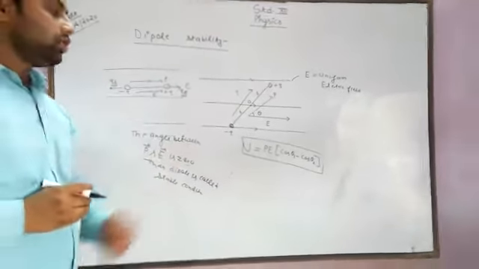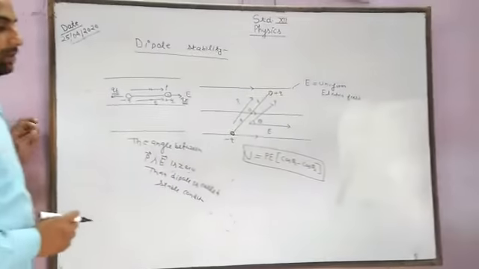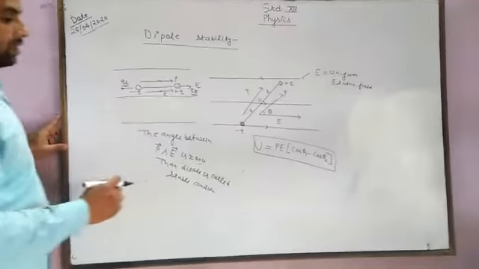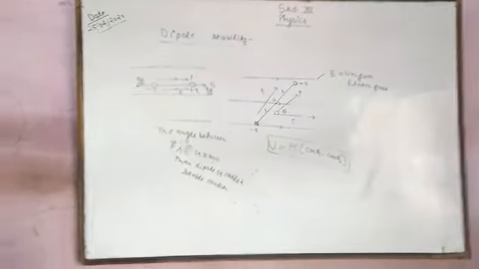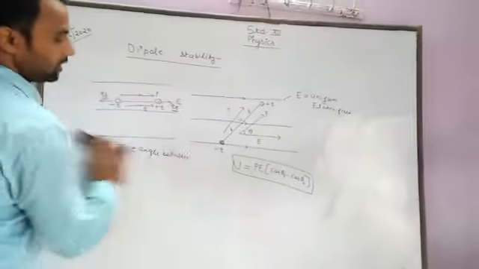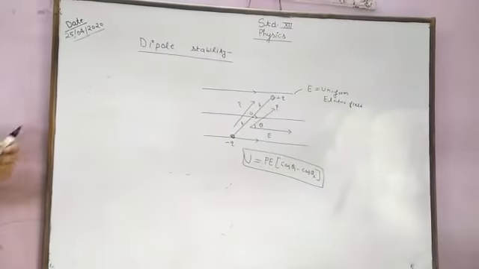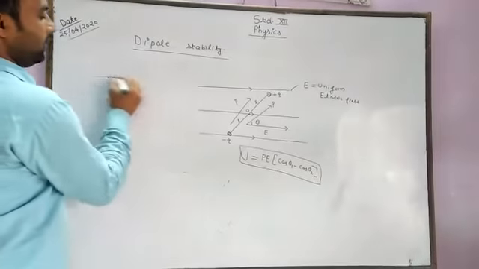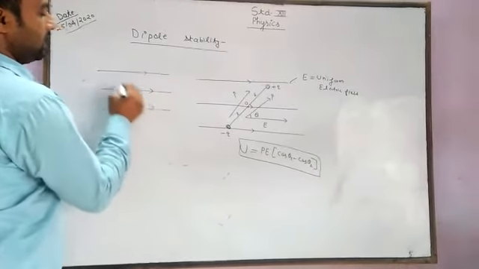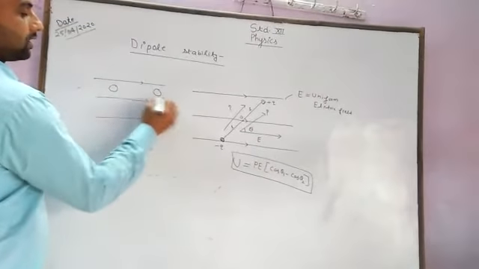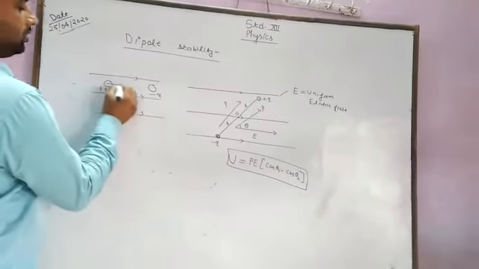Now, the unstable condition of the dipole. What is the case of unstable condition? If this is the external electric field, and the dipole is placed in such a way, with minus Q here and plus Q here, this is the dipole.